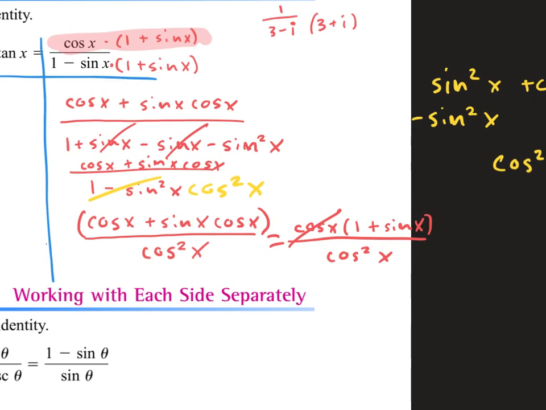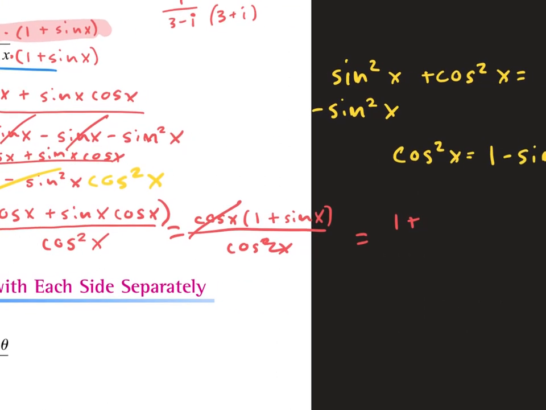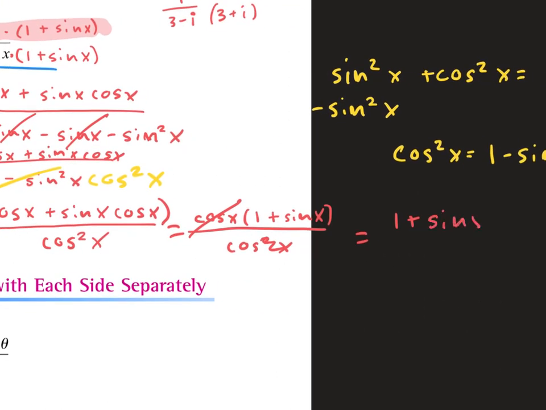I did, but I just had to go backwards a step to take out that cosine. Because we have a cosine on the top and a cosine common on the bottom. So that cosine on the top cancels out with one of the cosines on the bottom. So now we're left with 1 plus sine x on the top over cosine on the bottom.